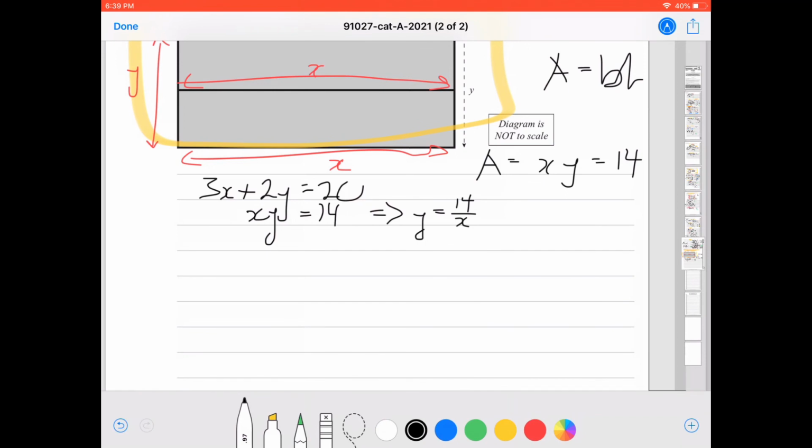Okay, so we've isolated one variable. And so we're going to say 3x plus 2, and instead of y, we substitute in our equation for y, 2 times 14 over x. And that equals 20.